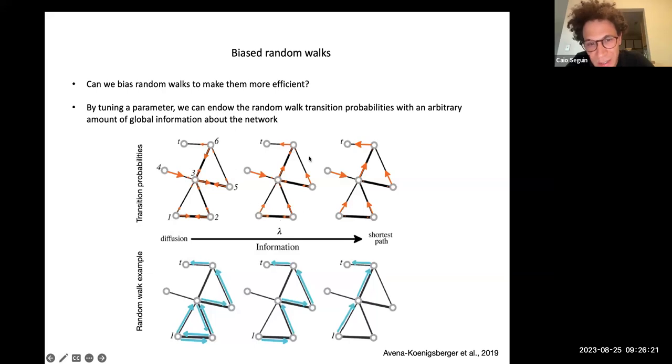So in this case, you are already describing a more direct path to T. And if you put this parameter up to its maximum, you're actually implementing shortest path routing. So it's just a nice way to parameterize how much information you give your system.